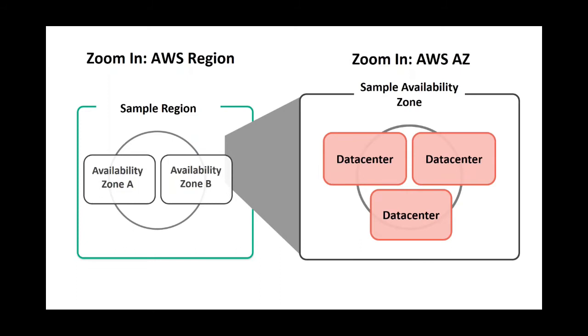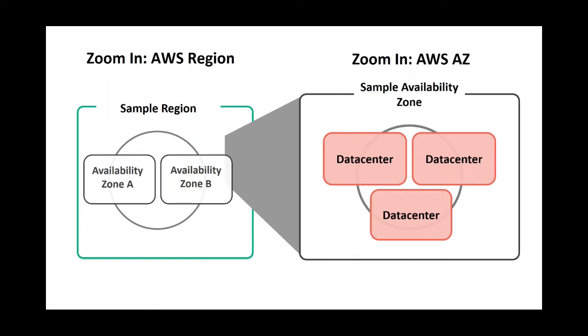This low latency network gives you the ability to build your architecture in such a way that even if one availability zone is not available, you can still run your infrastructure without interruptions. You can have HA architecture built into your infrastructure because of this. So that's about the AZs and how it is implemented.